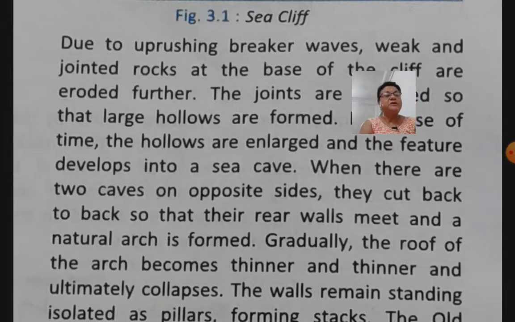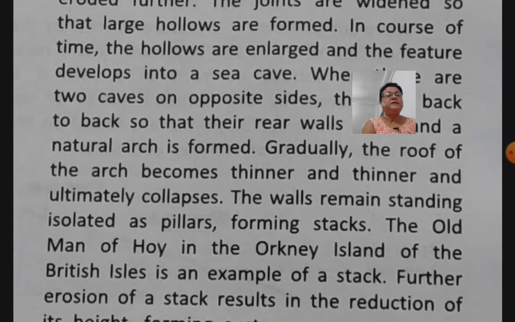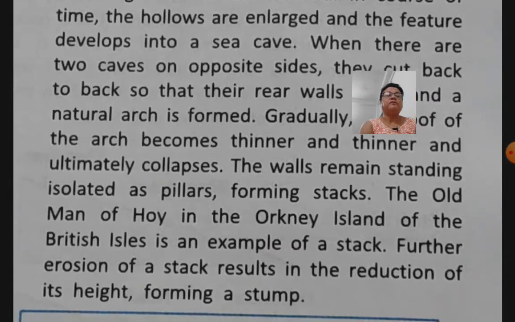Okay, gradually the roof of the arch becomes thinner and thinner, and ultimately what happened? It collapses. The walls remain standing isolated as the pillars, forming stack. The pillar like given the stacks. The Old Man of Hoy in the Orkney Island of the British Isles is an example of a stack.